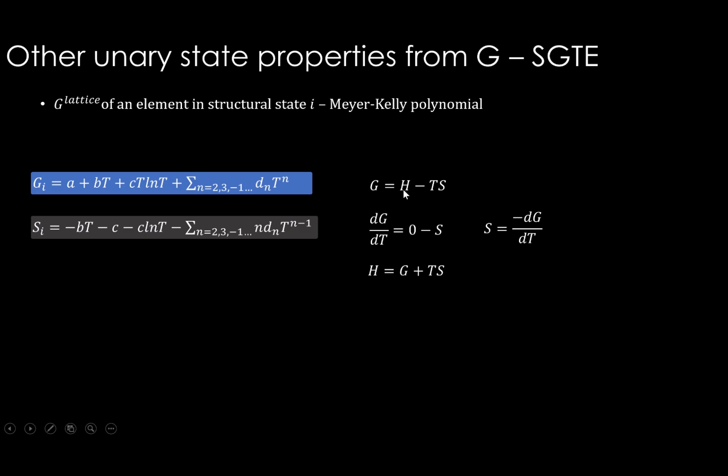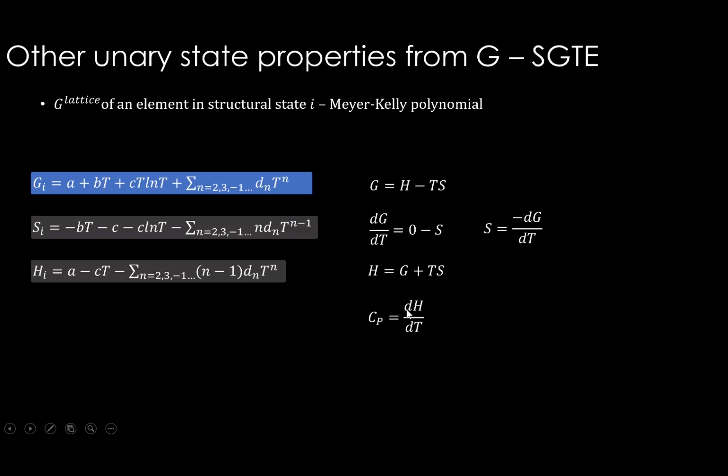You can see here, if we keep the H on the right side and take TS to the other side, it's going to become positive. Then we can take this G and take this S, multiply this with the T and add it to G like this, G plus TS. So we can get the expression for H. And once we have the H, dH by dT at constant pressure, we are writing Cp, right?